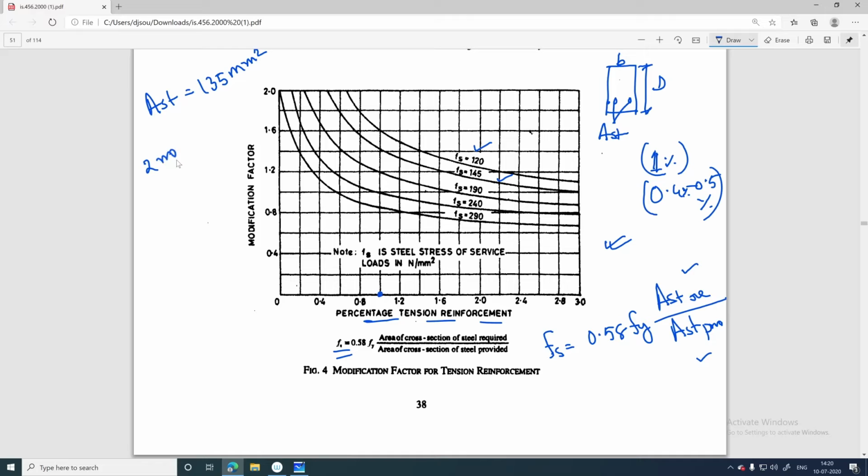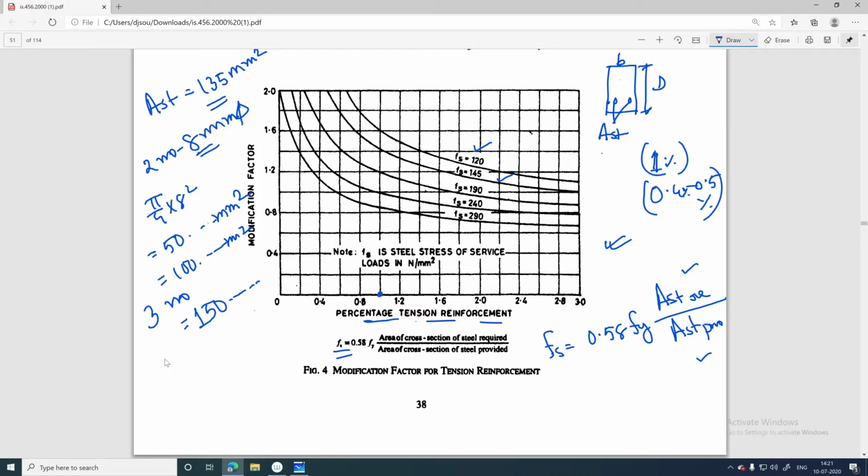You will provide two numbers of 8 mm dia bars. What does it mean? You know the cross sectional area of an 8 mm dia bar is pi by 4 into 8 square, near about 50 point something millimeter square. Two numbers means 100 point something millimeter square. If you use three numbers, you get 150 point something, which is greater than 135 and very near to 135, right?